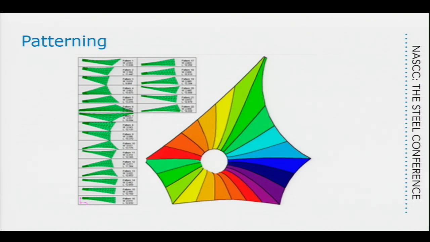So there's an iteration process in there as well, depending. And sometimes, if you're very unfortunate, your patterning will tell you, use a stronger material. And a stronger material deflects less, and you have to start your form finding process again. It's not fun when you get to the patterning stage, and you don't have enough material.